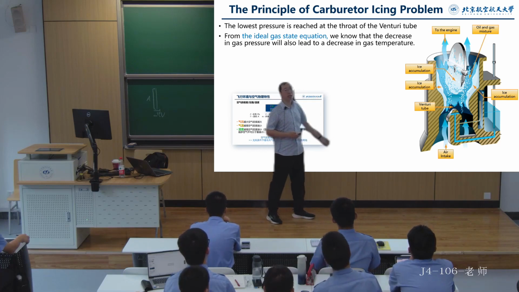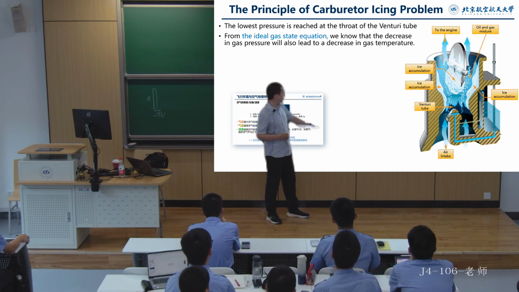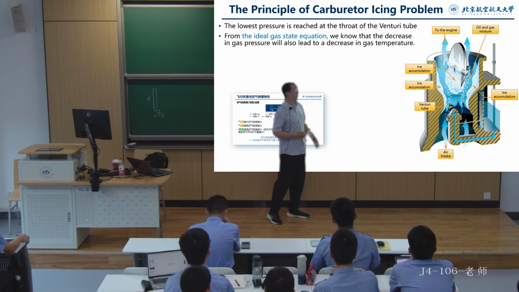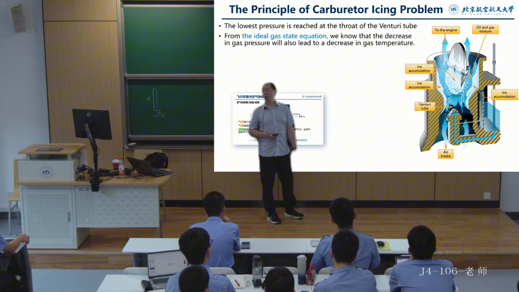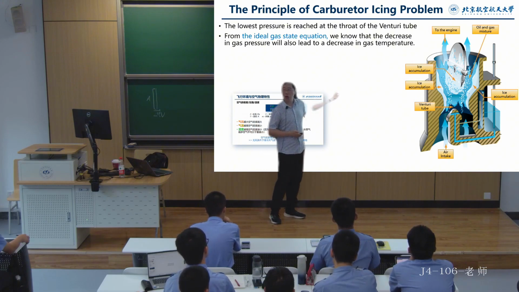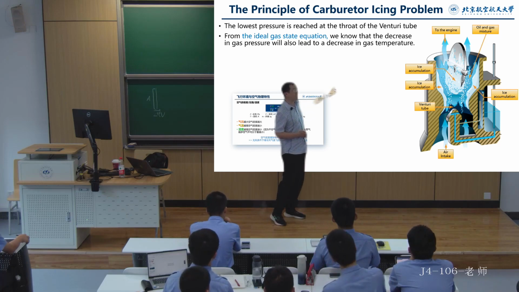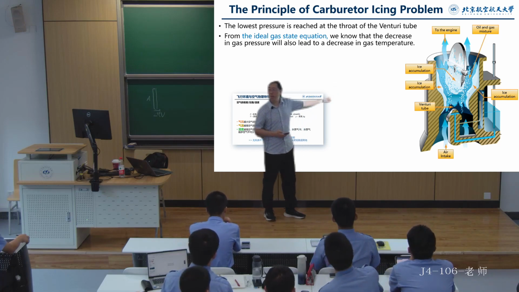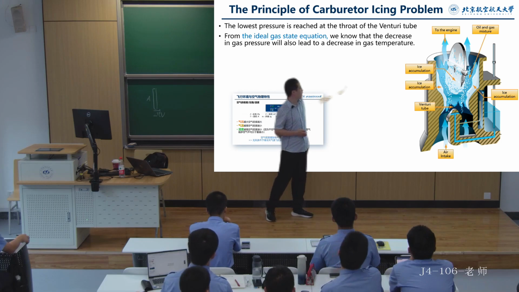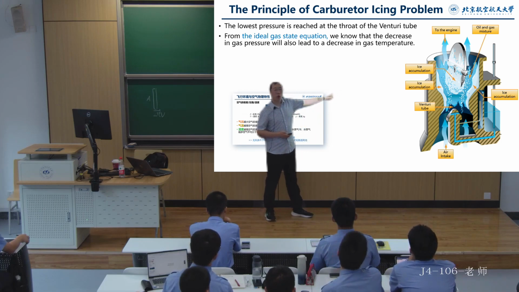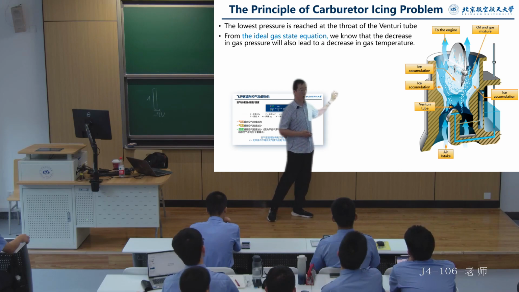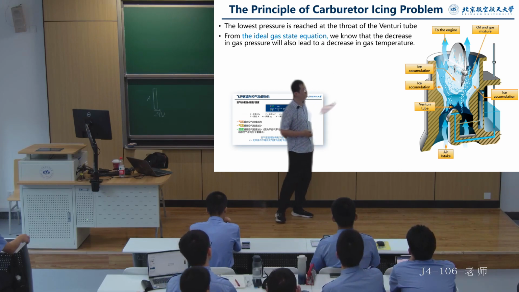Assuming we are dealing with a gas of constant density, as the pressure changes, its temperature will also change accordingly. If the pressure decreases, the temperature will too. If the density remains constant, what happens to the temperature? It will decrease along with it, right?